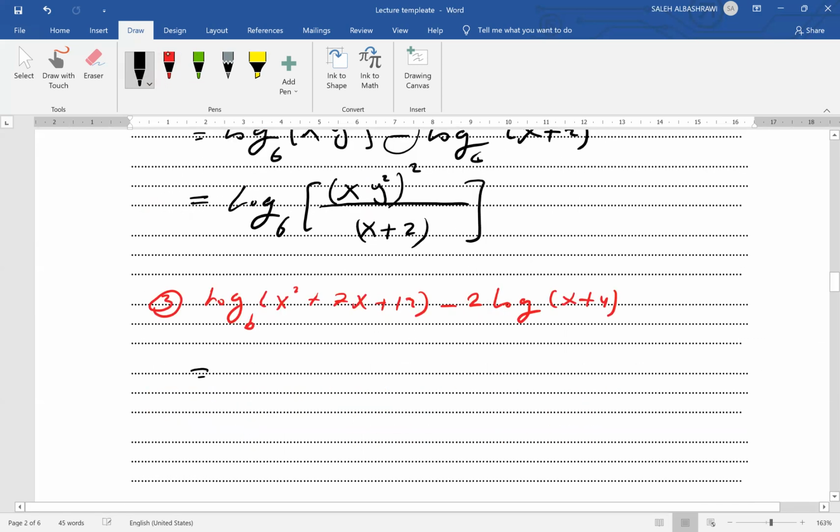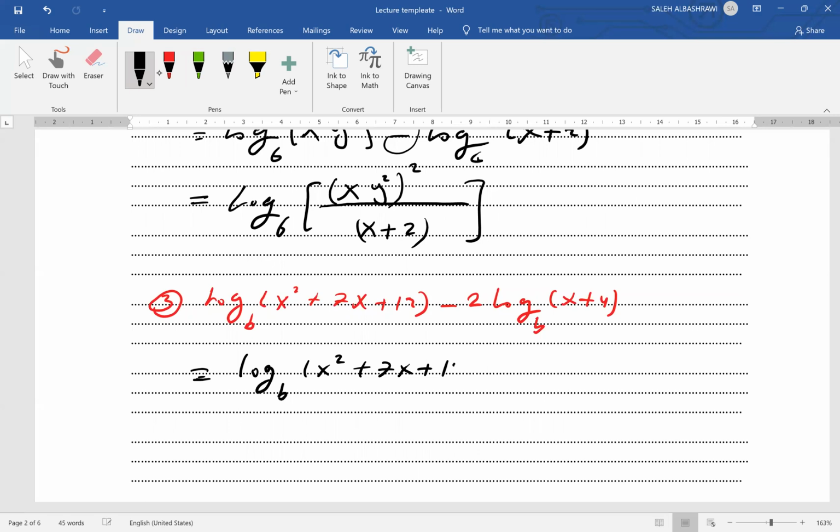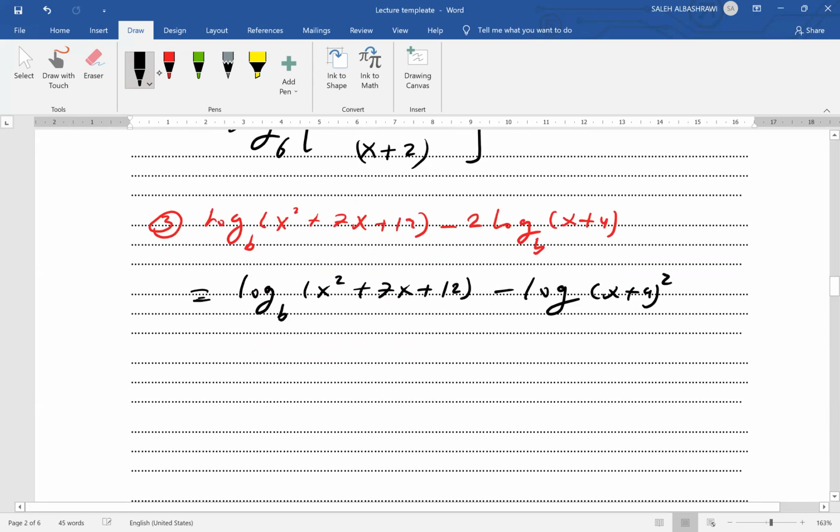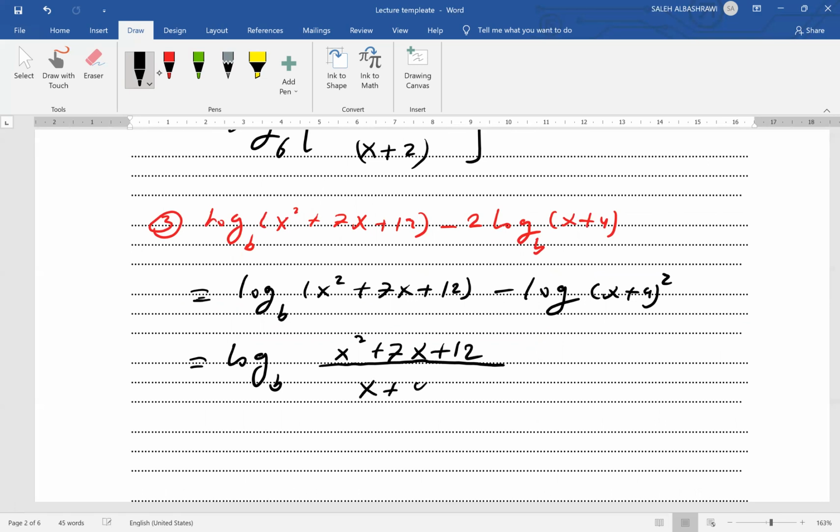It can be written as log base b of x squared plus 7x plus 12 minus log base b of x plus 4 to power 2. I forgot to write the base b there. Now, since we have negative, it is division: log base b of x squared plus 7x plus 12 divided by x plus 4 to power 2.